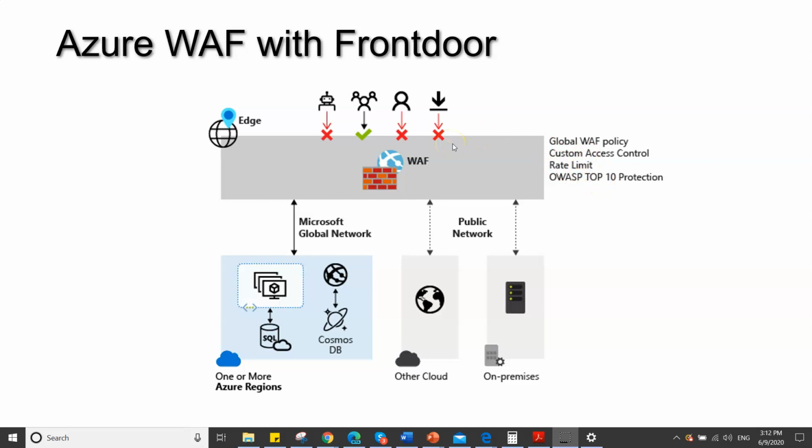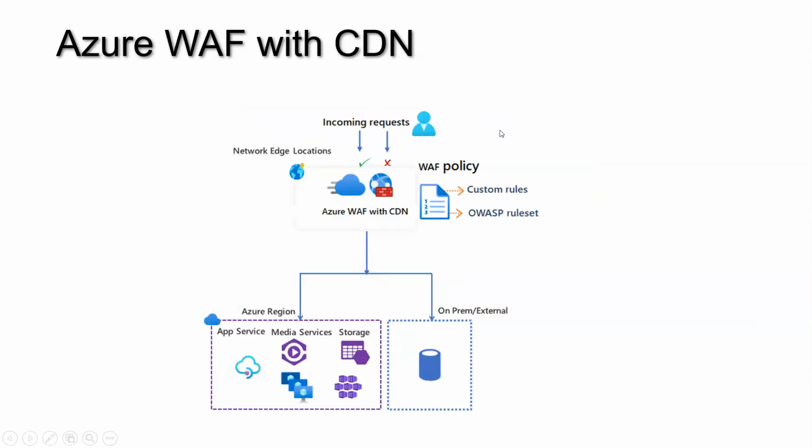So the next level of the web application firewall is CDN. One level below, what if Front Door type rules should not be enabled for all your applications? You might be running 200 different applications in your subscription or in your Azure network. Not all those 200 applications should manage the same rule set.